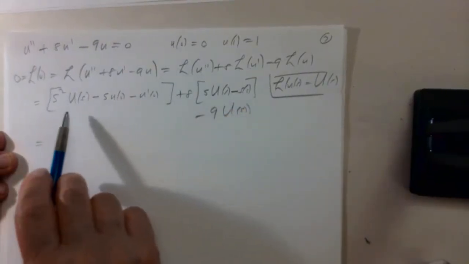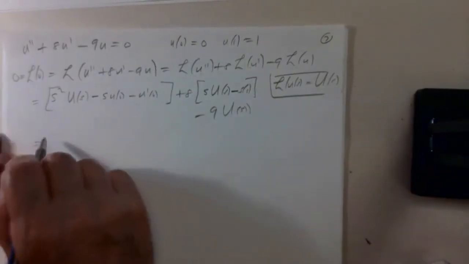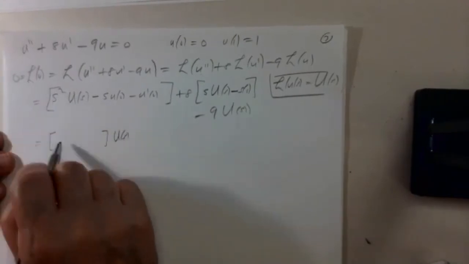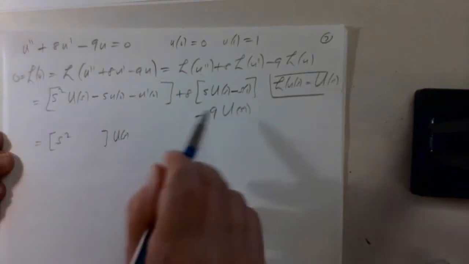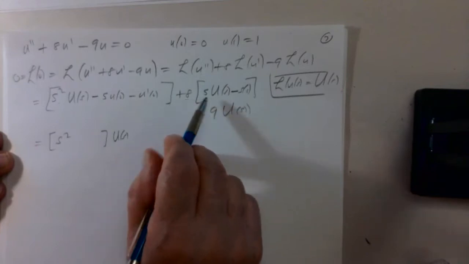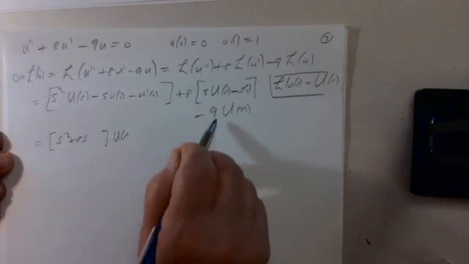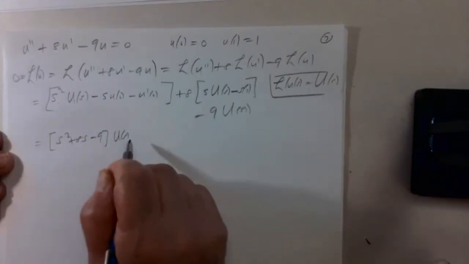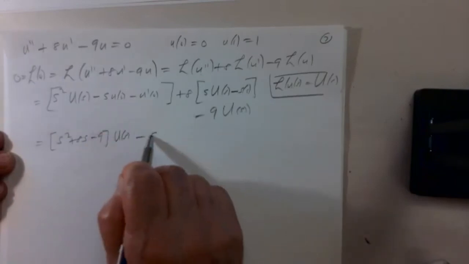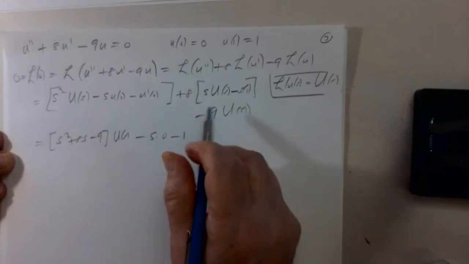So this is a linear equation in u of s. Let's see, I have u of s times what? s squared plus 8s minus 9. And here I have minus s times u of 0, that's 0, minus u prime of 0.